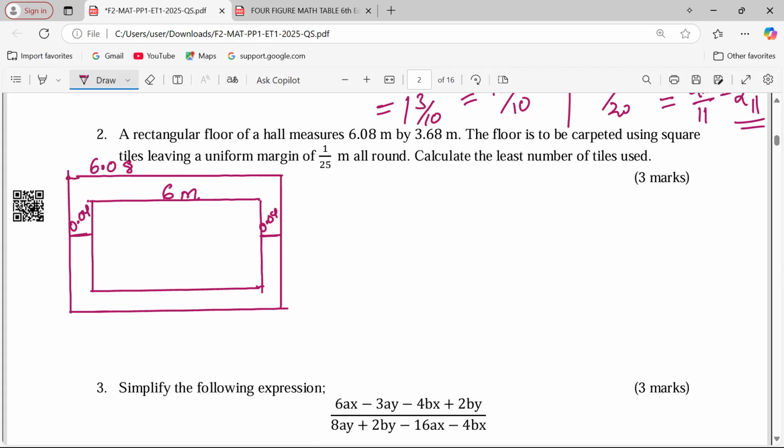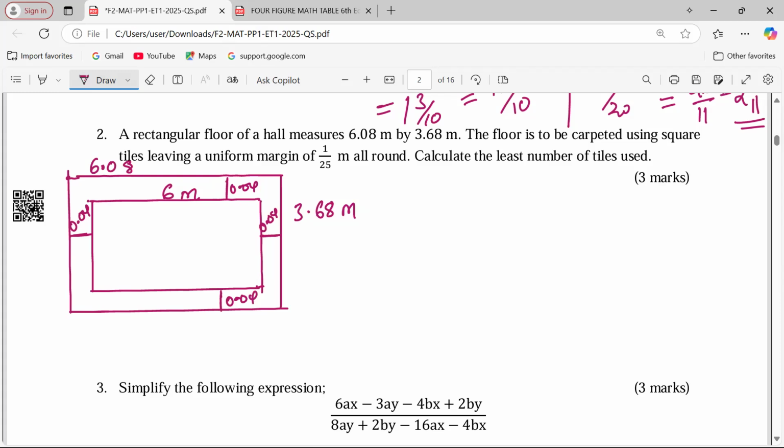Then on the width side, the outer width is 3.68 meters. So we have to subtract the margin of 0.04, and also on the other side 0.04, meaning that the inner width, which is going to be tiled, shall be 3.68 minus 0.08.